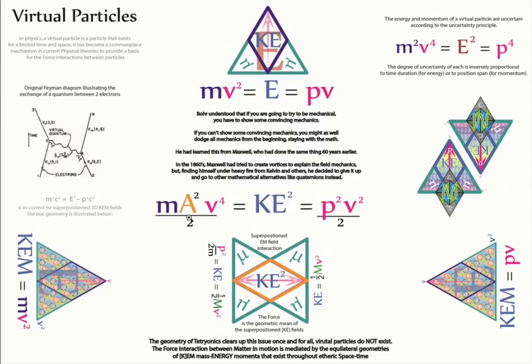So we can apply all this, and in both these cases all we're doing is re-expressing the classical formulation for energy, which is mv squared equals momenta velocity. That's the classical formulation there. We've just expanded it using Tetryonic geometry to explain that the kinetic energies, either magnetic or electric, Lorentz or Coulomb forces, can be re-expressed as a function of the squaring of the fields, or the superpositioning of 2 chem fields.